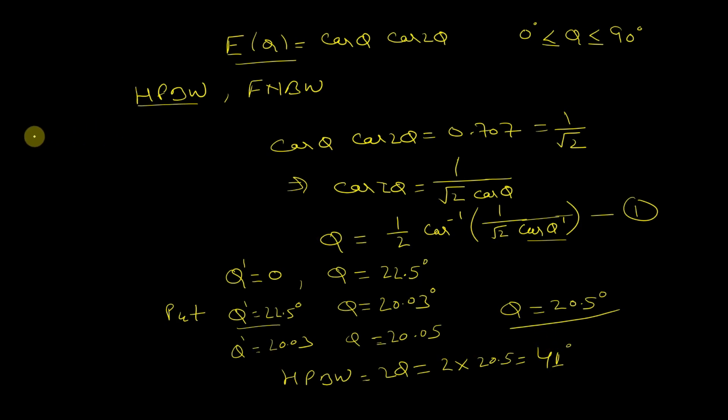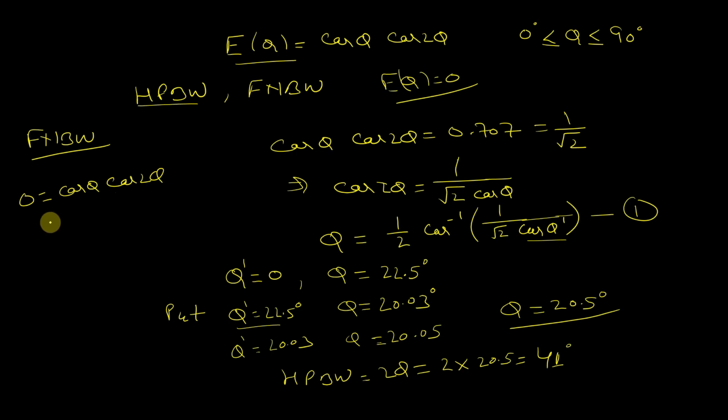Now we have to find out the first null beam width. When we need to find out the first null beam width, then E theta will be 0 at this first null. So 0 is equal to what? Cos theta cos 2 theta.